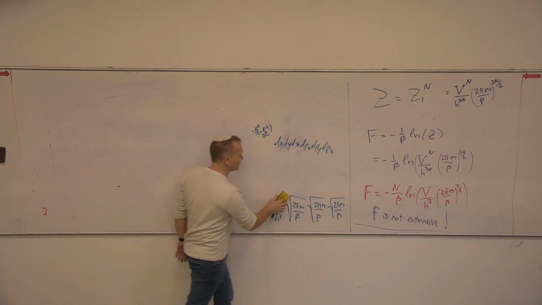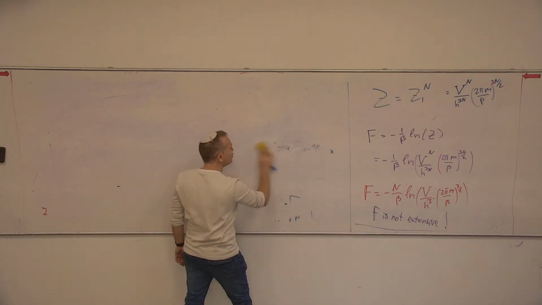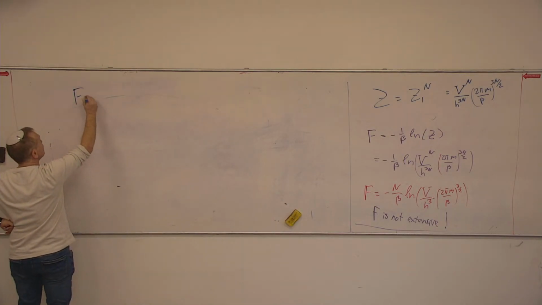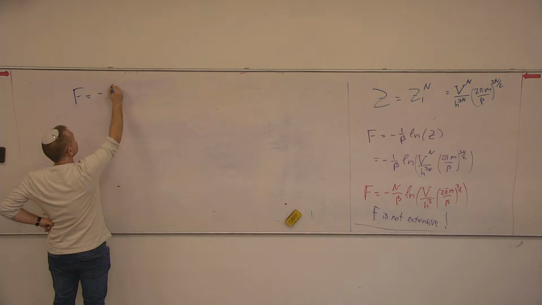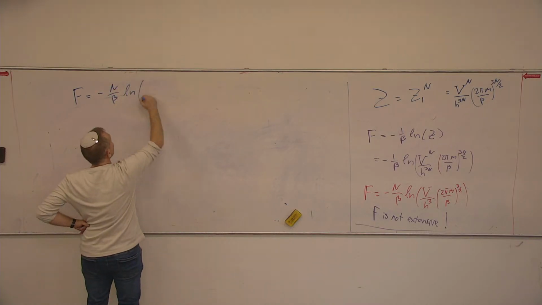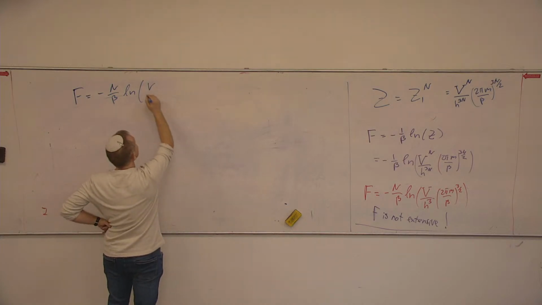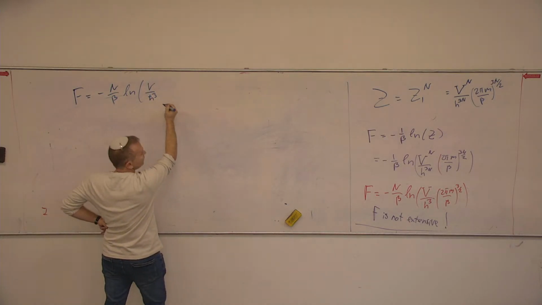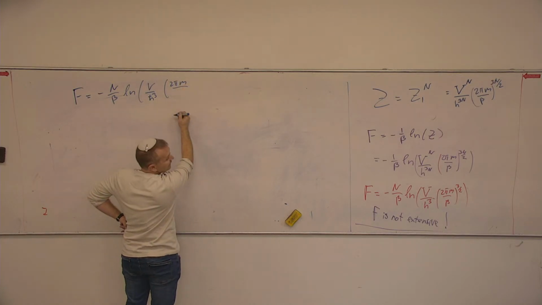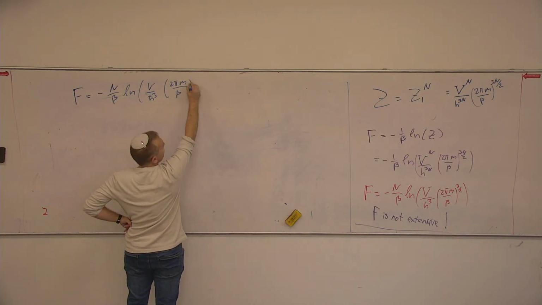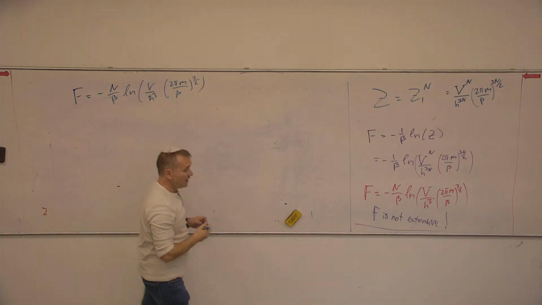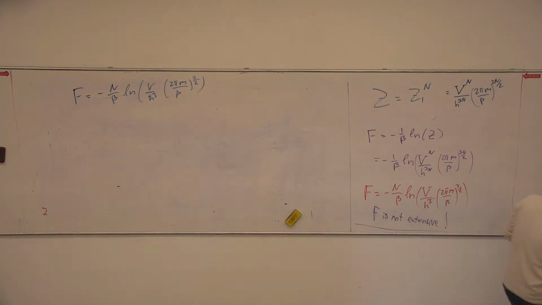Oh, really good. So when I look at my formula, F is minus n divided by beta log of V, divided by h to the third, and I have 2 pi m divided by beta to the 3 over 2. It's not extensive.